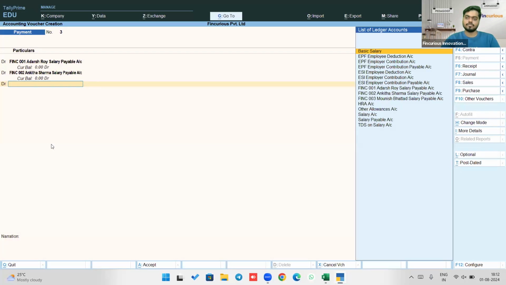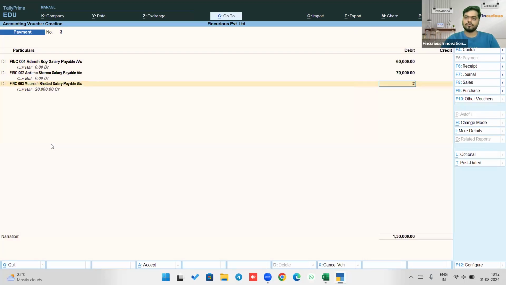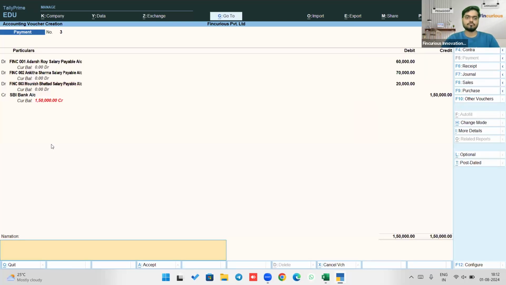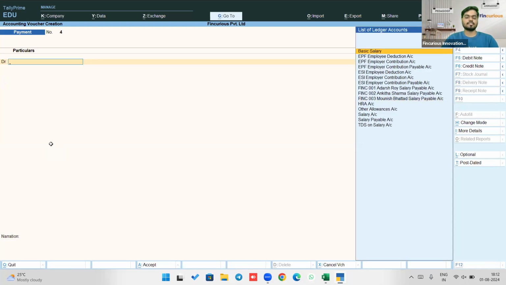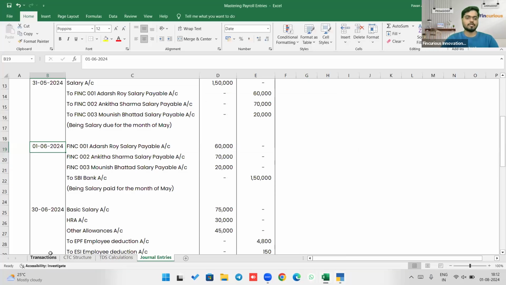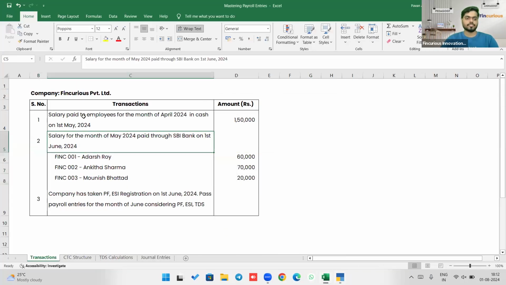Again debit 003, Monish Bhattar 20,000. Credit SBI bank account. So being salary paid. So by this, we have successfully completed two transactions. First transaction is done, second transaction is done.